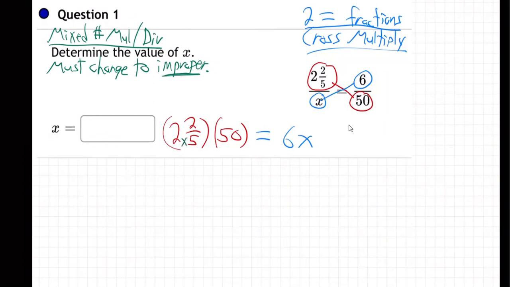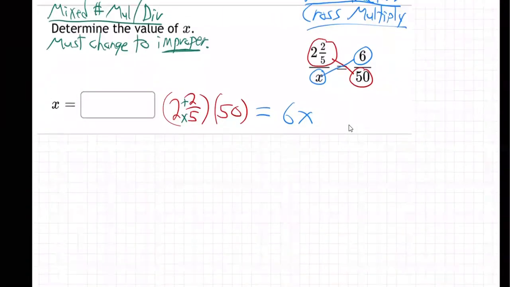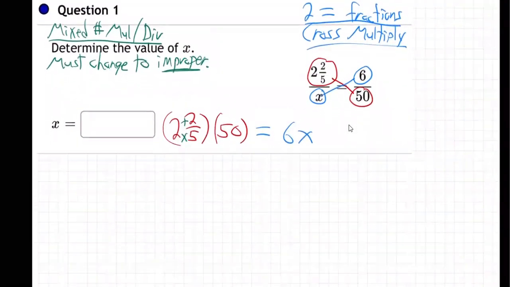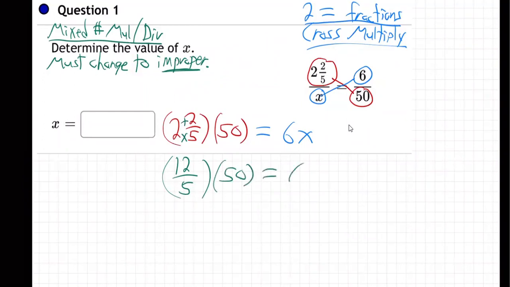So we multiply and we add, don't we? 2 times 5 is 10, add 2 is 12 over 50. No, not over 50. Can't be changed in the denominator, over 5. Times 50 equals 6 times x. Good so far? So we must change to improper.